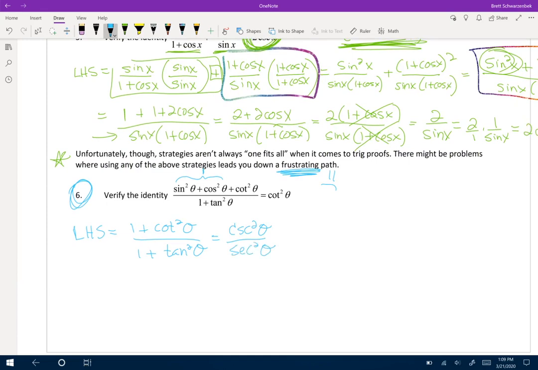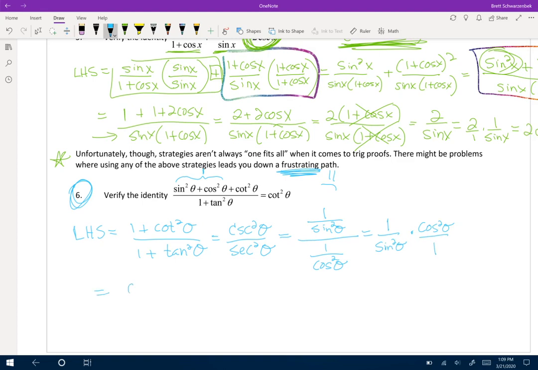Okay, once you do that, then you can play this the smart way. Cosecant squared, well, first of all, cosecant is 1 over sine, so cosecant squared is 1 over sine squared. Secant is 1 over cosine, so secant squared is 1 over cosine squared. If you divide by a fraction, then you multiply by its reciprocal.